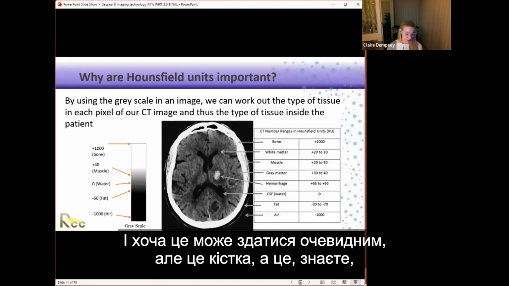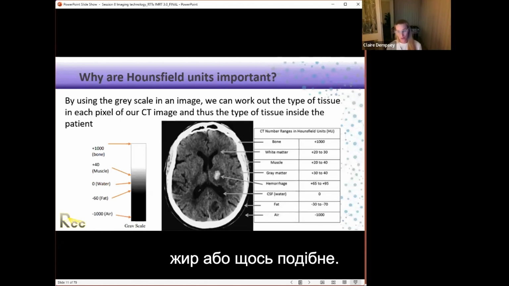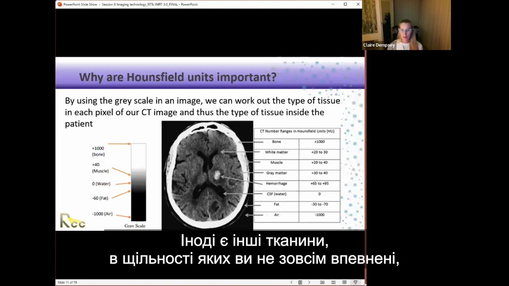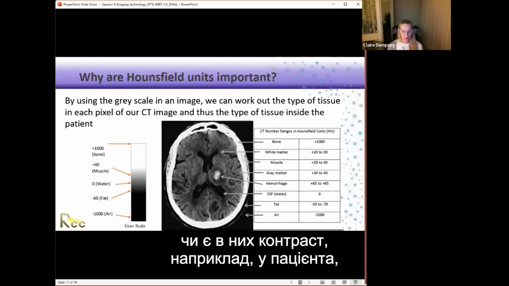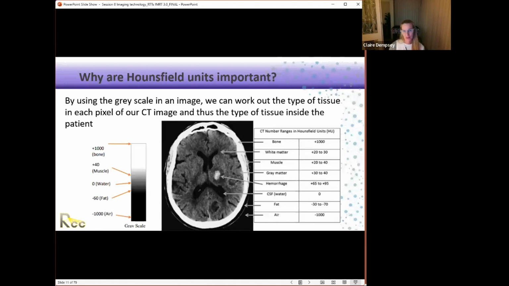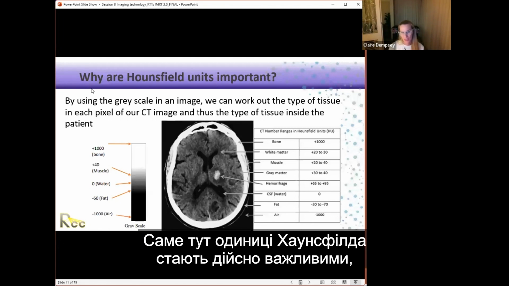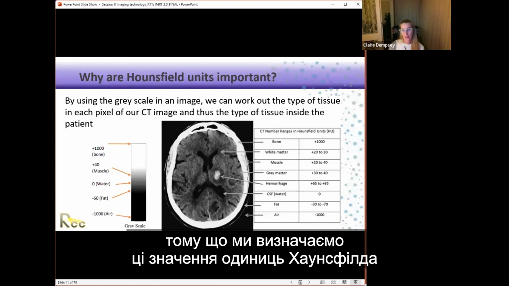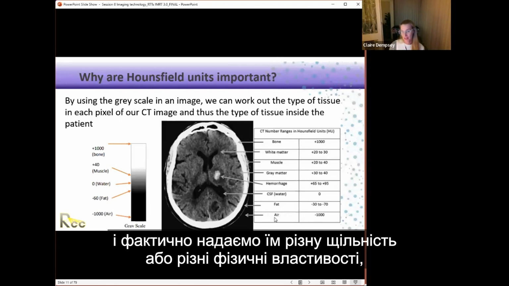Whilst it might seem obvious, this is a bone and this is fat or whatever, sometimes there are other tissues you're not quite sure about, or if you've got contrast in your patient, you want to determine whether it's contrast or whether it's really another type of fluid. This is where the Hounsfield units become really important, because we define those Hounsfield unit values and we actually give them different densities or different physical properties.